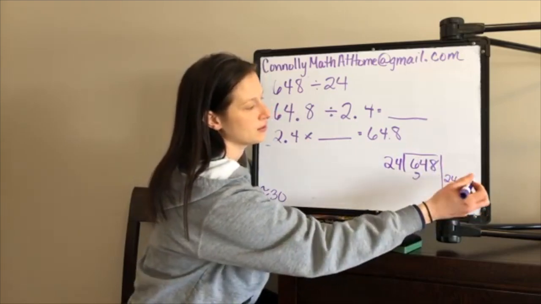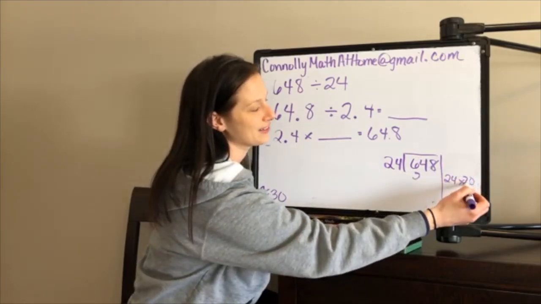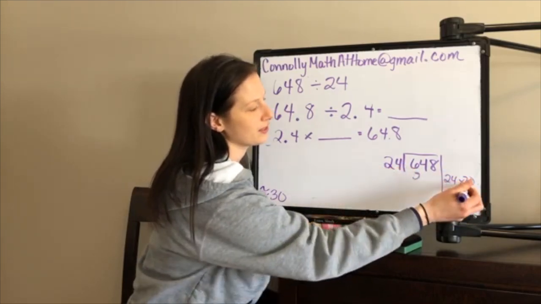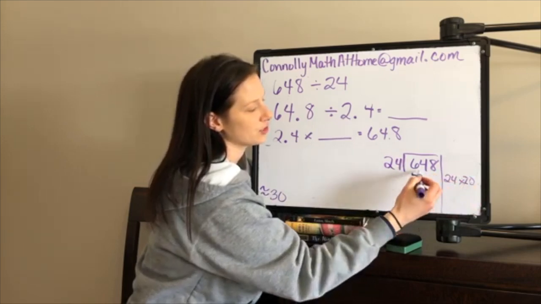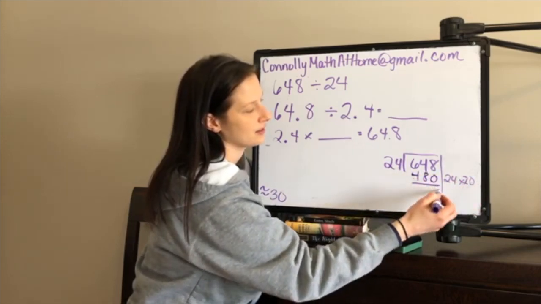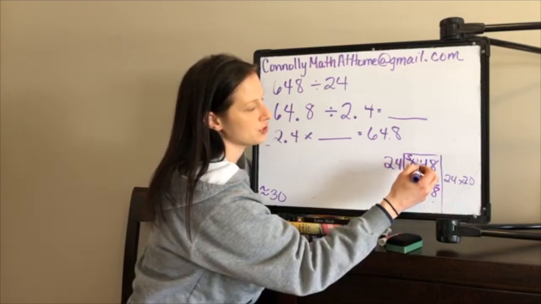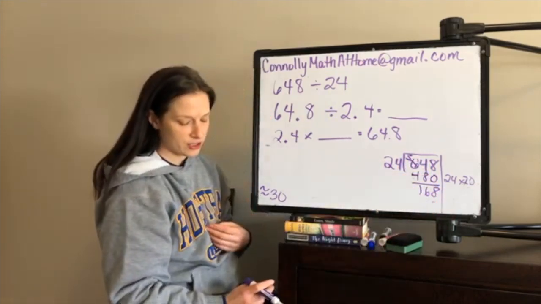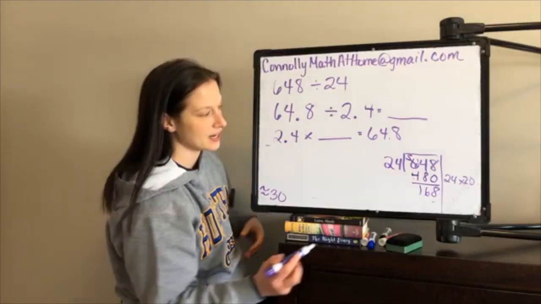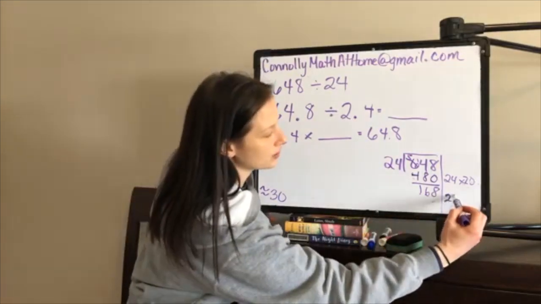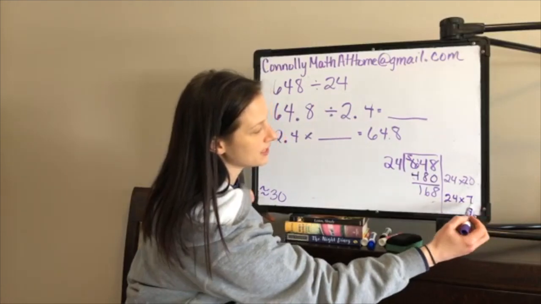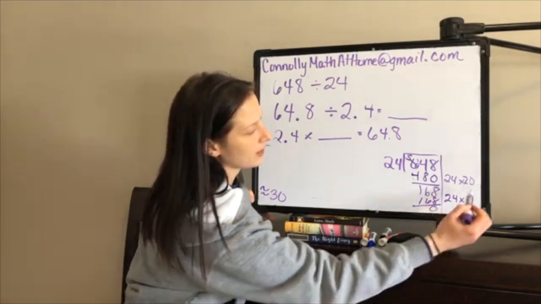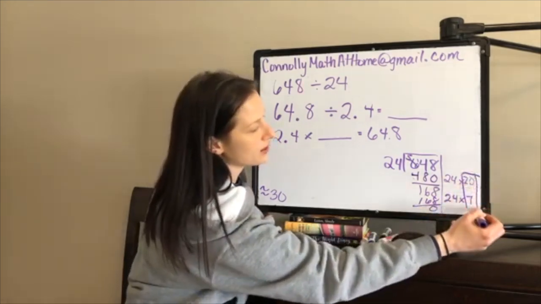Just kidding, 20, 30, 20, 480. Sometimes teachers need a second to think too when we're doing math on the fly. So then I have 168, and I know that I can do 24 groups of 7: 140, 28, yeah, 168. Sorry to do that quick.